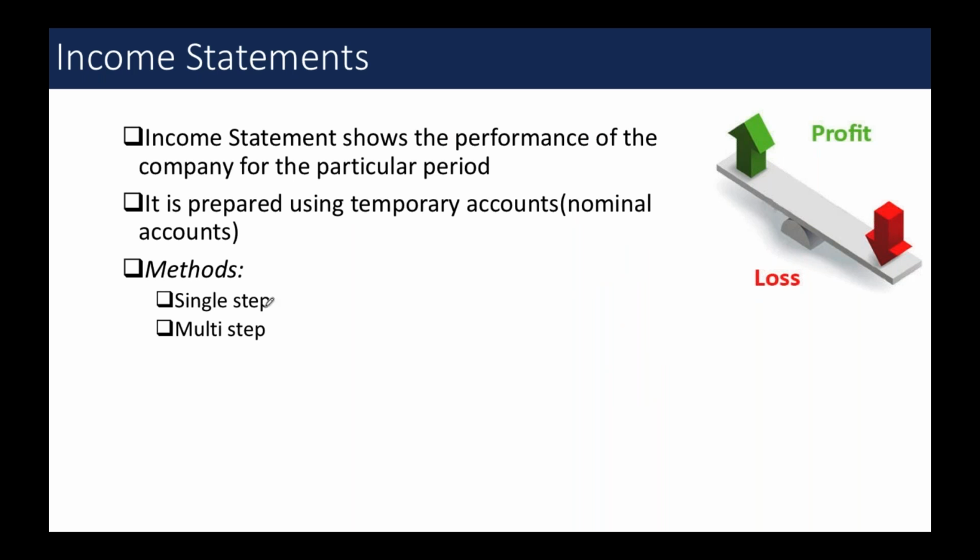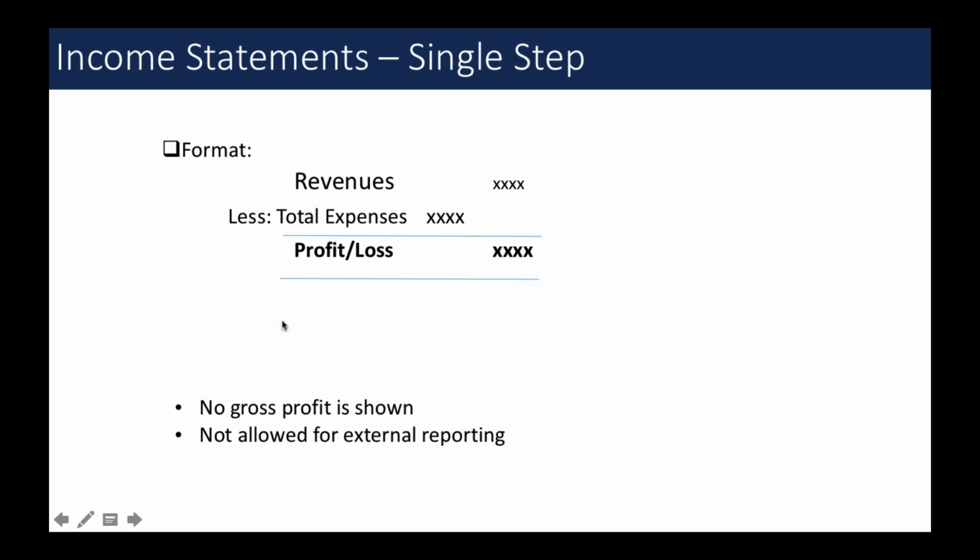An income statement can be prepared either using a single step or a multi-step. Single step income statement describes only the summary of revenues and summary of the expenses. This method does not give you the classified profit at different levels.